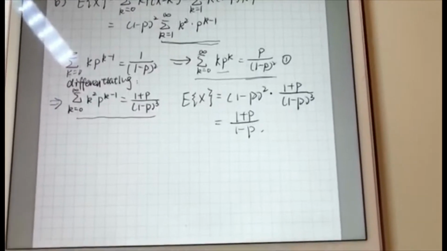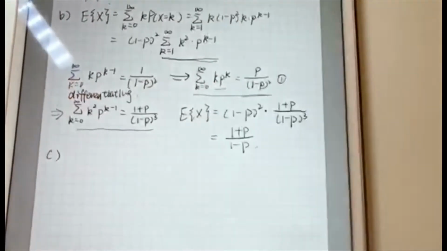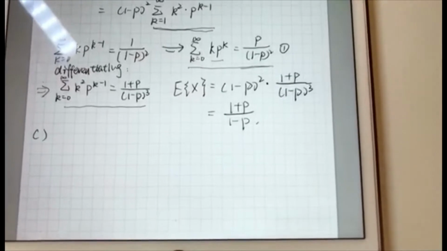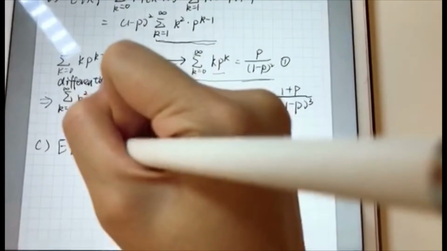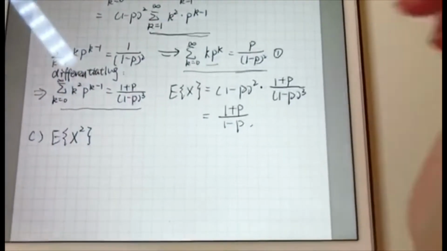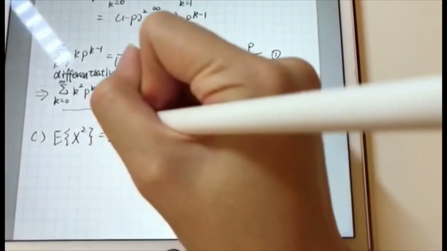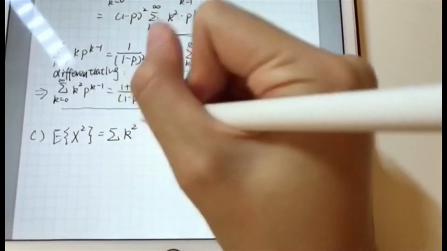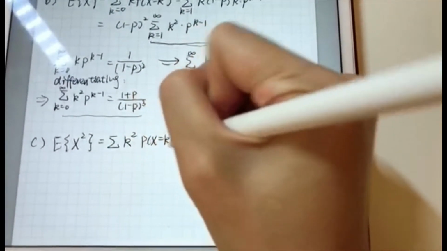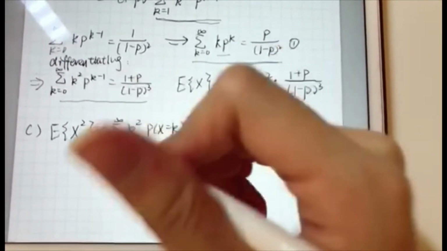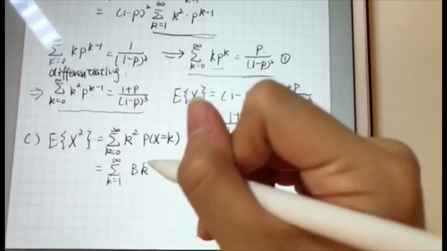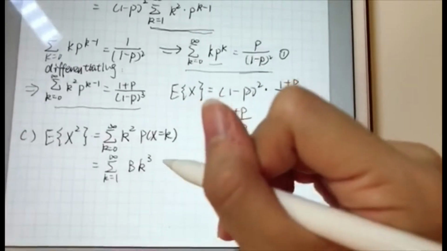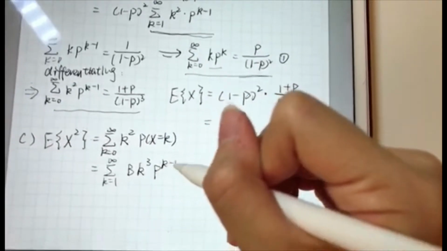Now let's move on to question C. Question C asks us to find E(X squared). This can be written as the sum of k squared P(X = k), and it can continuously be written as the sum of b k to the third power p to the power k minus 1.